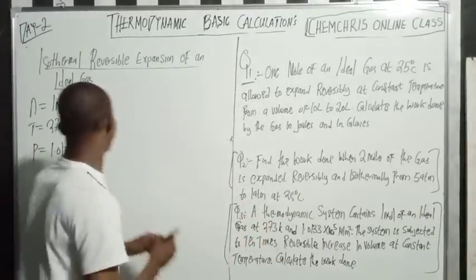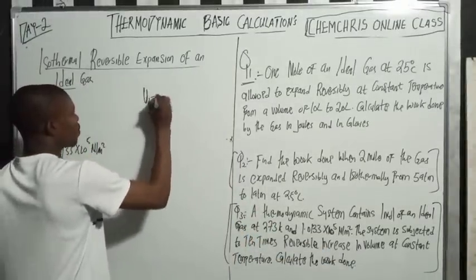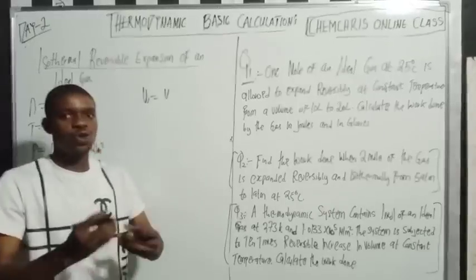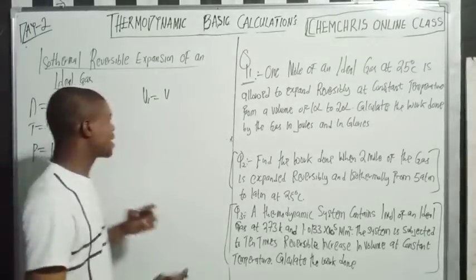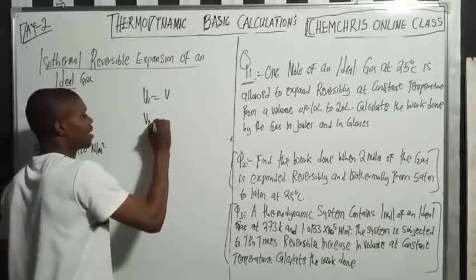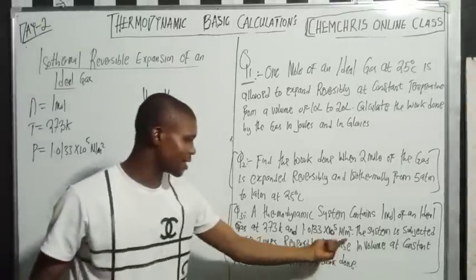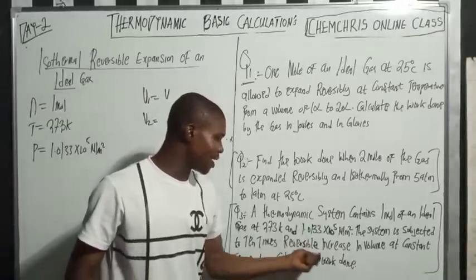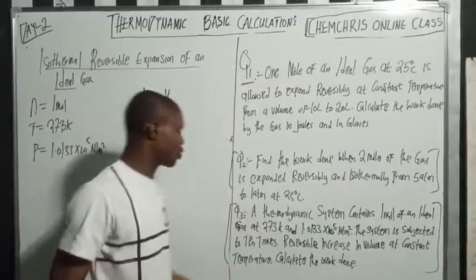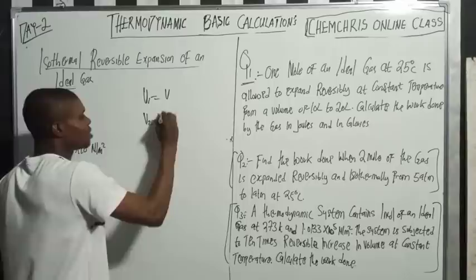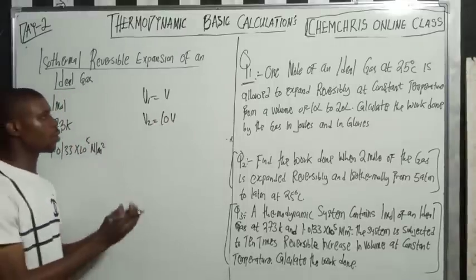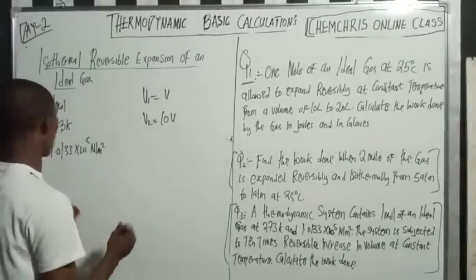So you can say let V1 equal V, because they are not giving you a value. The system is subjected to 10 times reversible increase in volume at constant temperature. So V2 is going to be 10 of this V. So they're asking now what is the work done.